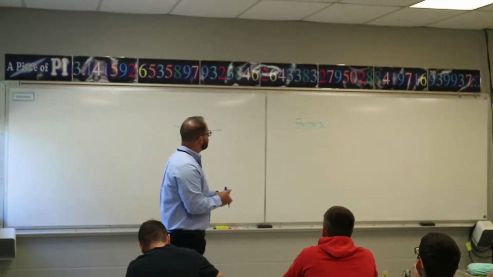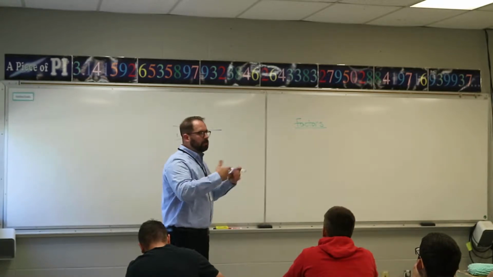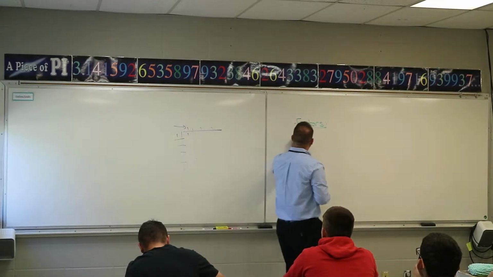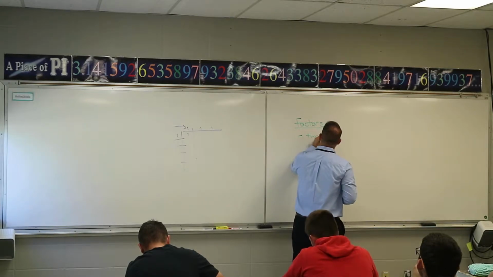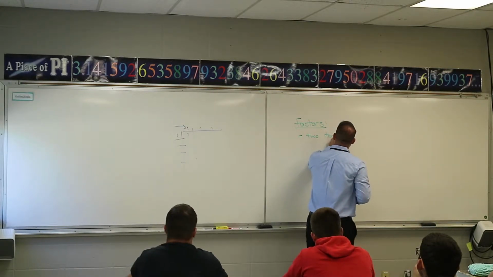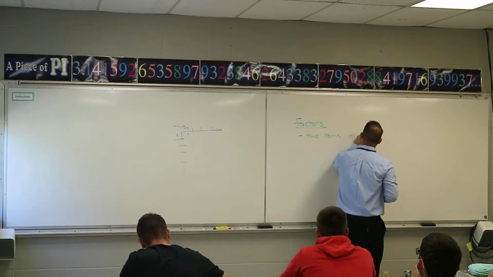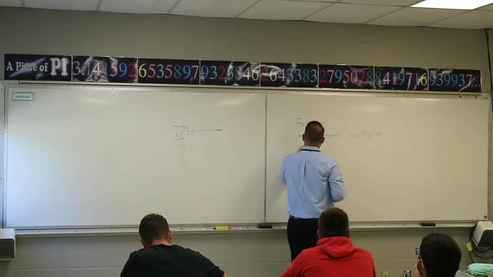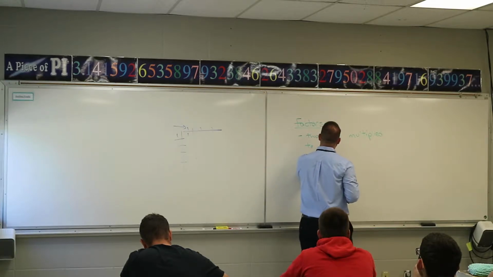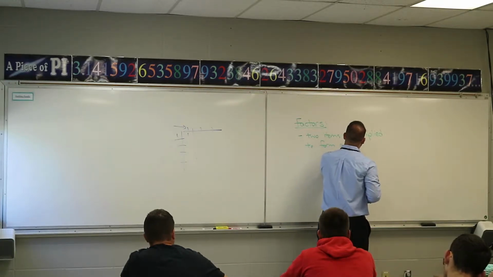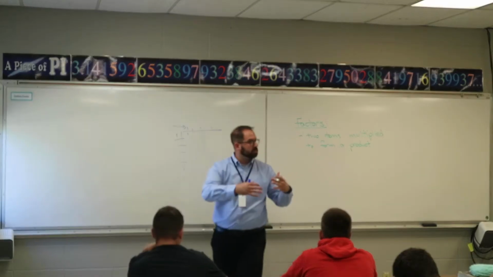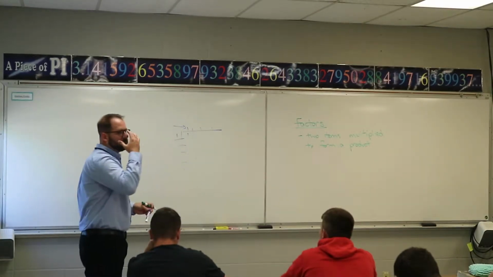Because if you don't know, factors are two items that are multiplied together to form a product. And that's the number one thing that people always get wrong in vocabulary. Product means multiplication. It's the result of taking two numbers and multiplying them together.